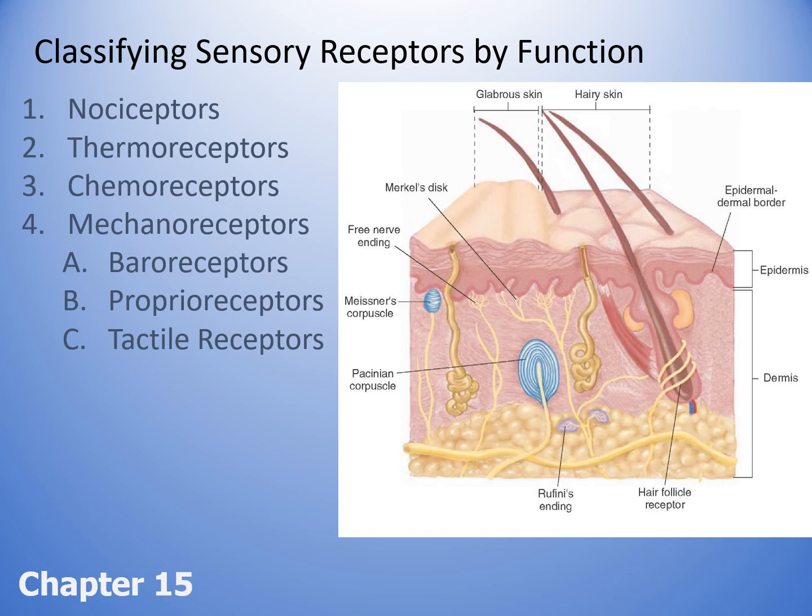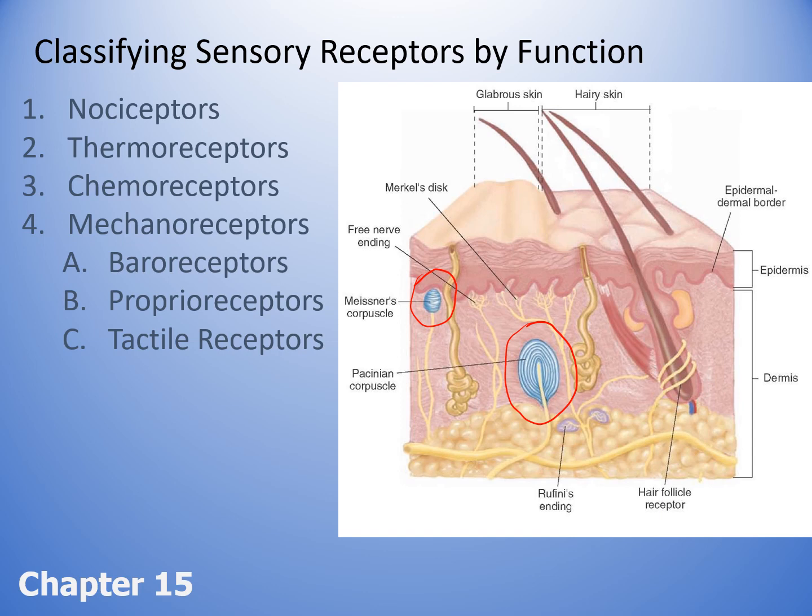Like this one up here, Meissner's corpuscle, senses light touch. That's why it's up near the superficial aspect of the skin. This one, Pacinian, senses very deep touch. So Meissner's is like caressing, it would sense that. Pacinian wouldn't sense a caress, but it would sense like a pinch.